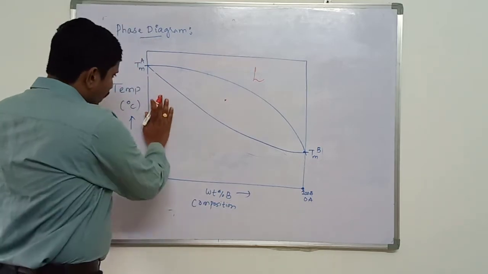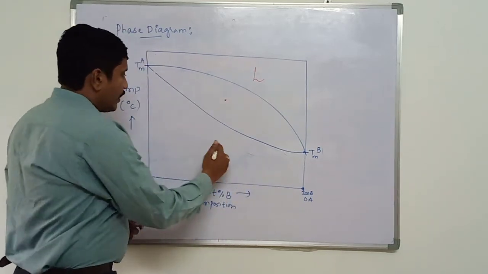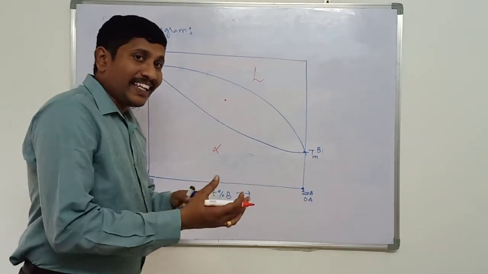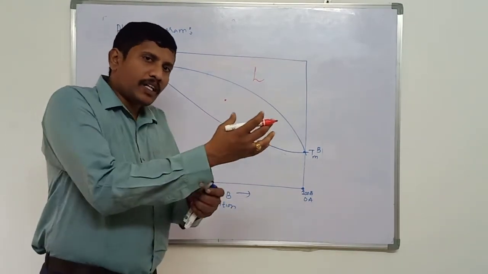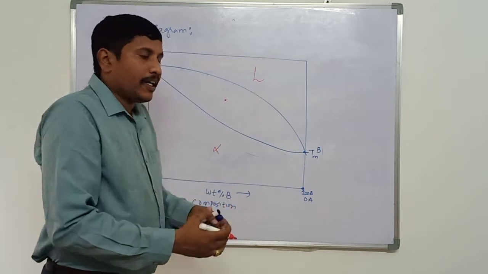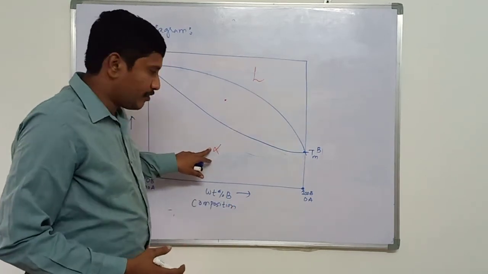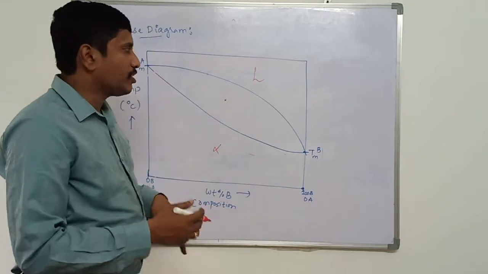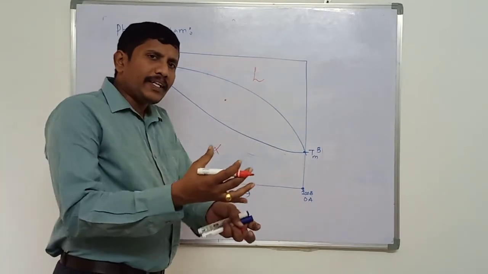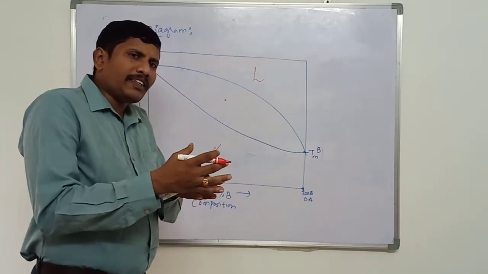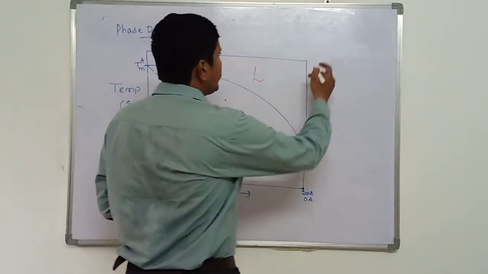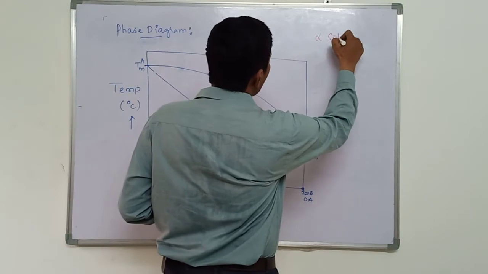Now the area over here is alpha solid solution. At the end of cooling, once the solidification is completed, we are getting a solid solution, which is known as alpha solid solution. The two metals are completely soluble in each other and form a solid solution, which we are calling an alpha solid solution.